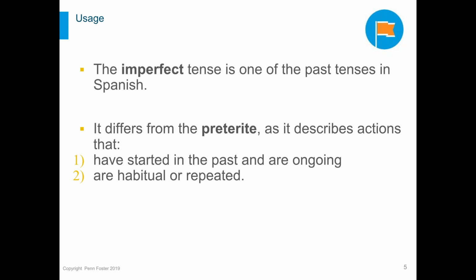It's essentially the opposite of the preterite tense, which you might know a little bit about, whether you've studied it or viewed our webinar on it, or just have a general idea of what the preterite is. The preterite's more used for an action that happened once and ended, wasn't repeated, wasn't habitual, wasn't ongoing in the past, as imperfect tense is used for.